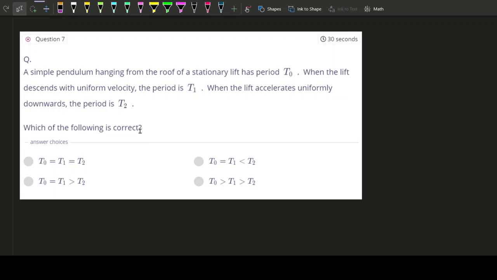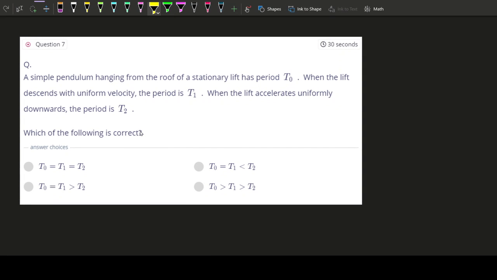Question 7 here mentions that you have a simple pendulum. This simple pendulum is hanging from the roof of a stationary lift. When it's hanging from the roof of a stationary lift, this simple pendulum has a period of capital T naught. When the lift is stationary, the period of the simple pendulum is T naught.